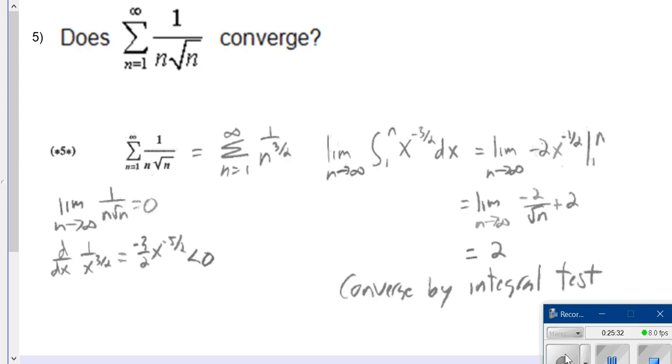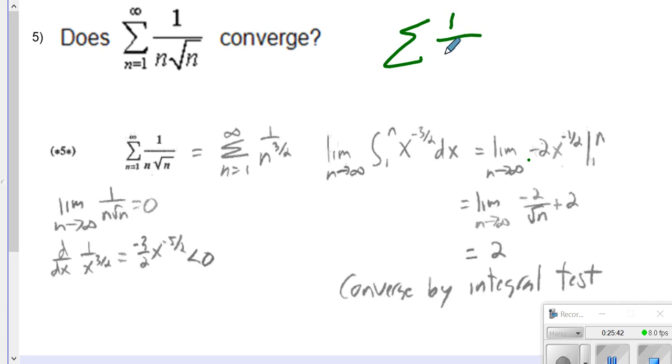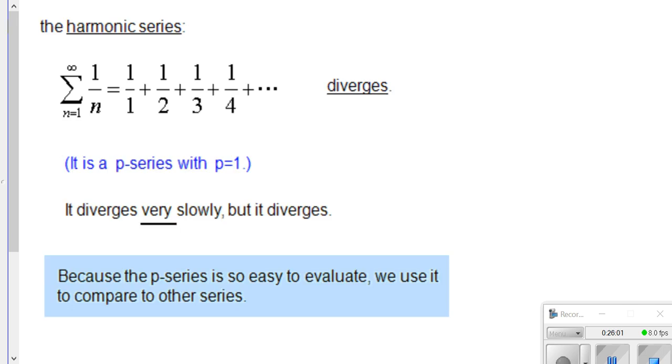Okay, and here is our result for question 5. This one is convergent. And something that's of interest in this question, because of where we're headed, is that we could write this with just n to the something, right? N to the 3 halves, which means it's a series that is n to the negative 3 halves if we rewrite it. So that is an example that kind of matches the first 2 problems that we did in this video to some extent.